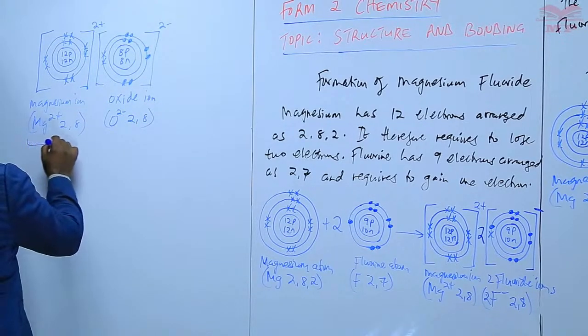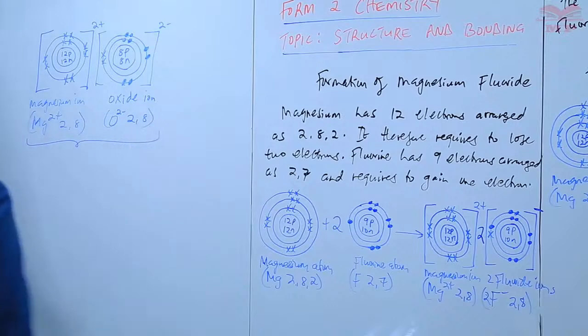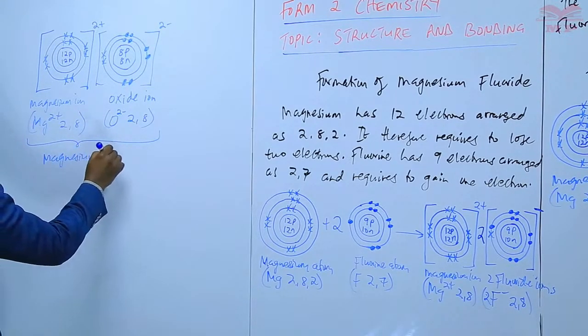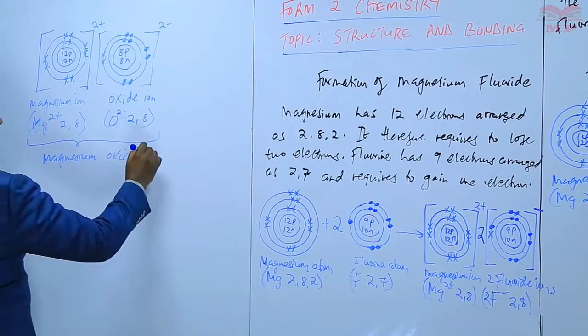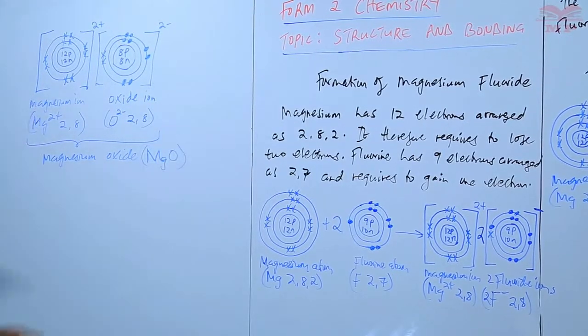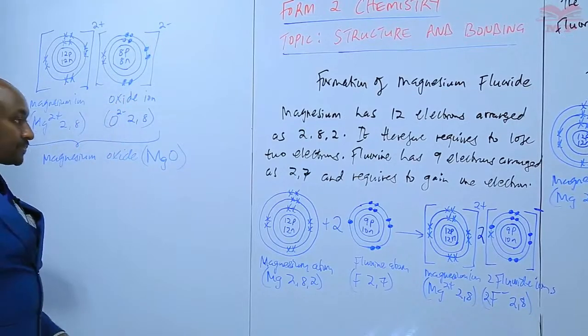And the whole of this compound is what we now refer to as magnesium oxide, because it has a magnesium ion and an oxide ion.